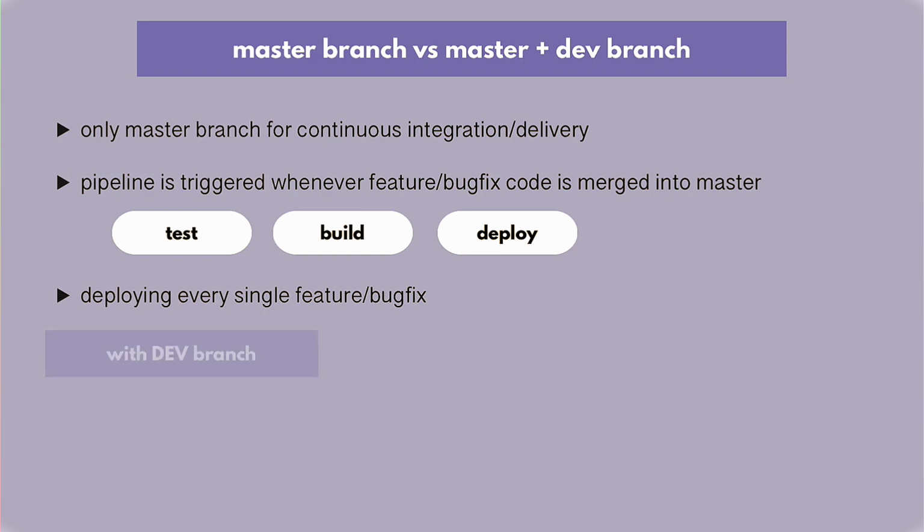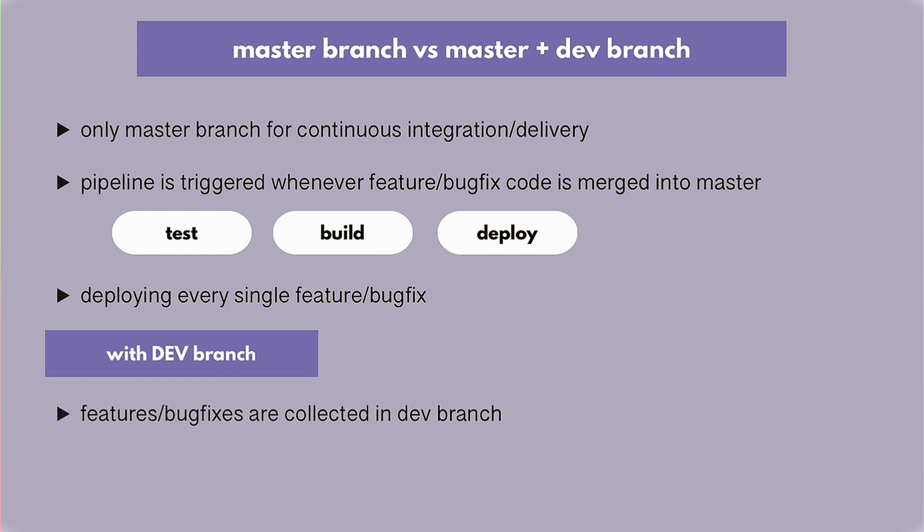When you have develop branch as an intermediary to master, what happens is the developers basically collect the new features, the bug fixes, and all the different changes in dev, and then they take that big chunk of changes at the end of the sprint, merge it to master, so they have releases once every end of the sprint, right? And there are some complications with that, because dev branch can actually end up being the work in progress state, and they have to be careful and synchronize when it's time to merge develop into master and so on.